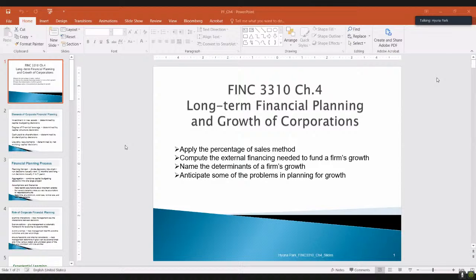The CFO is now doing long-term planning. What kind of tasks is the CFO of Target up to? This chapter is about that kind of long-term financial planning, and also about how companies should grow. The goal of all companies is to make their sales and profits grow.